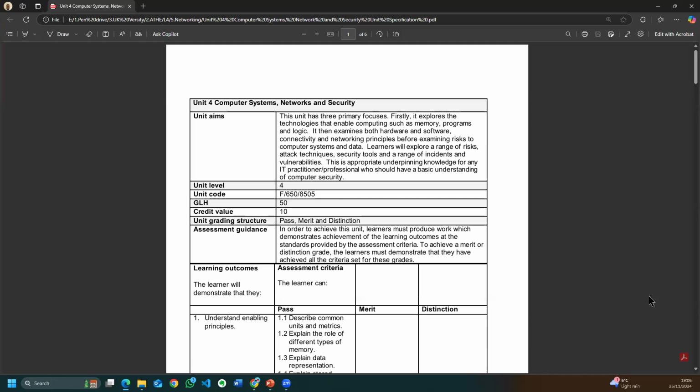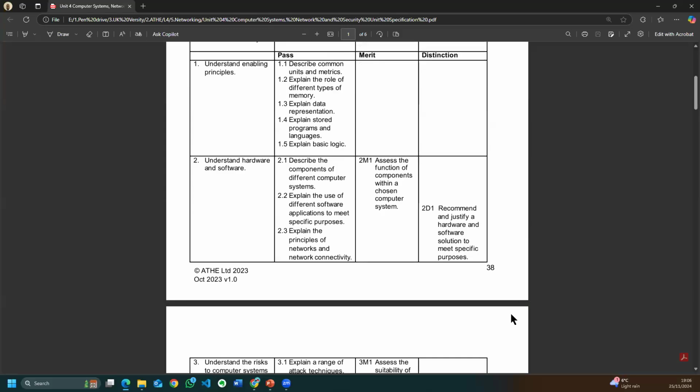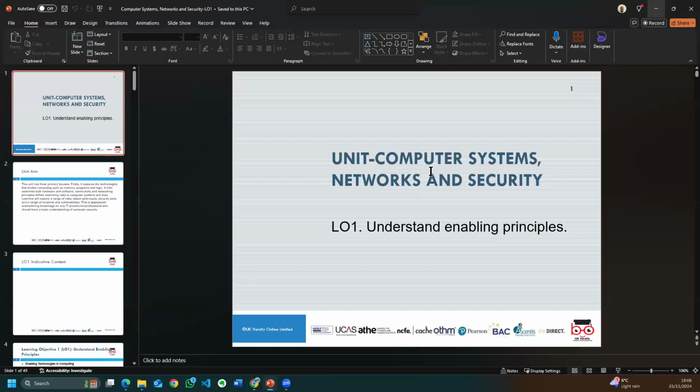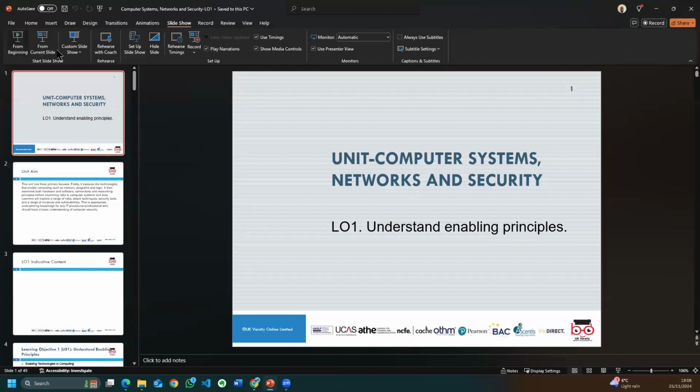For this unit, we will have 3 sessions on our assignment discussion. In today's session, we're going to understand enabling principles. So let's now get into our presentation.